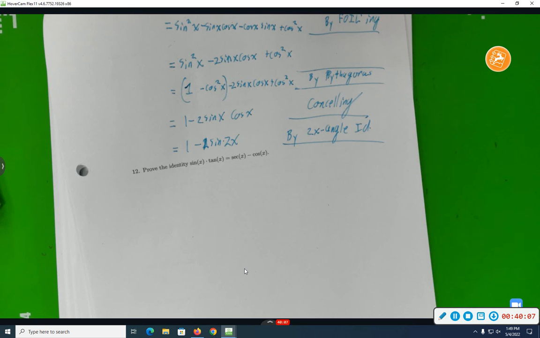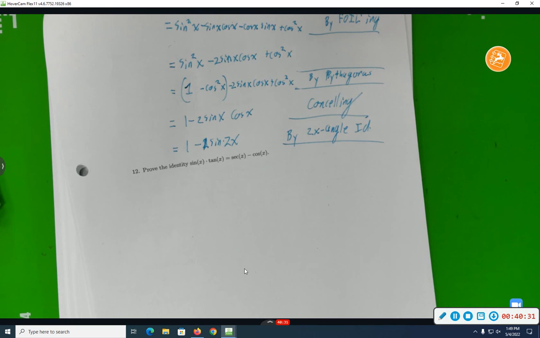Maybe that would be starting with one side, but maybe you could take the whole thing in terms of sine and cosine. Hopefully some stuff would cancel, maybe it wouldn't. I guess you see a difference of fractions on this side, a single fraction on that side. Simplify the fractions. Maybe you have to cross multiply, maybe not.